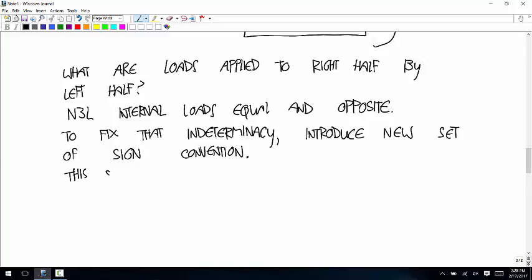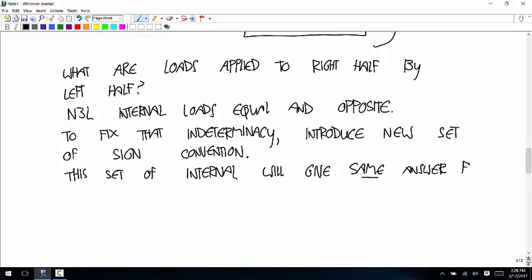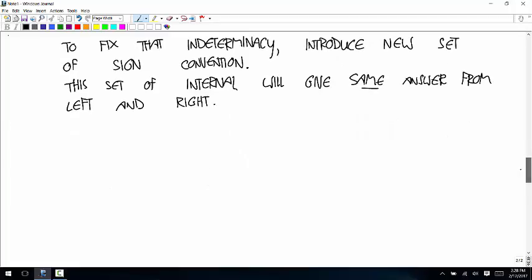So this set of internal loads will give the same answer from the left that it will from the right. And so here is the sign convention.